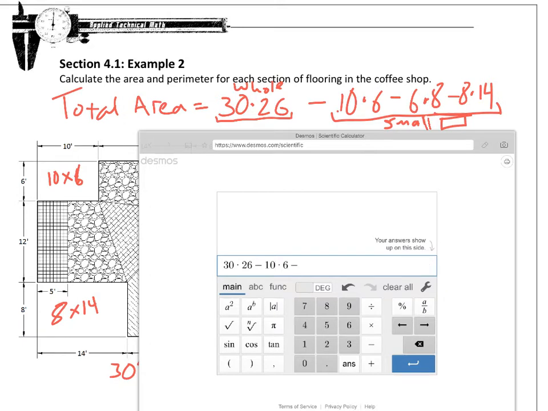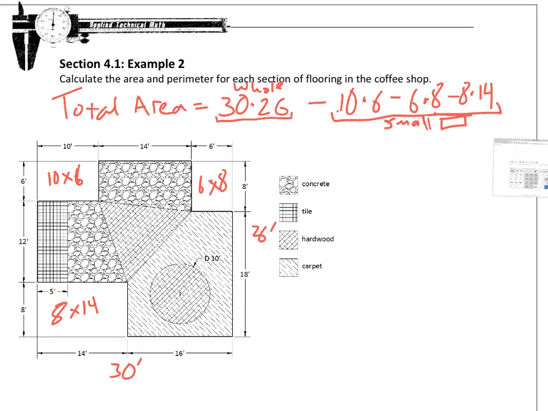And if you want to do some of this multiplication in your head, it's good. It's not a bad idea. 6 times 8, you could just put in 48. All right? And 8 times 14. Sometimes, you know, doing some of the simple steps will avoid silly mistakes by typing. All right, that sounds about right. 560 feet there, square feet. Okay, so remember we're talking area here. Area is in square feet. Okay, so let me put my calculator up there for now. So we got 560 square feet.